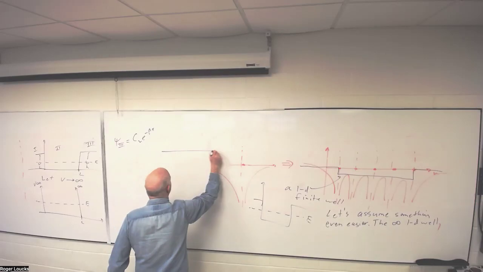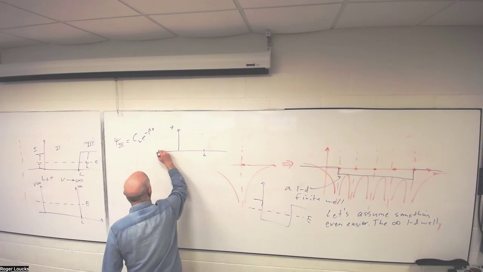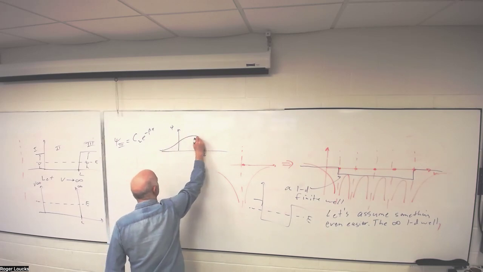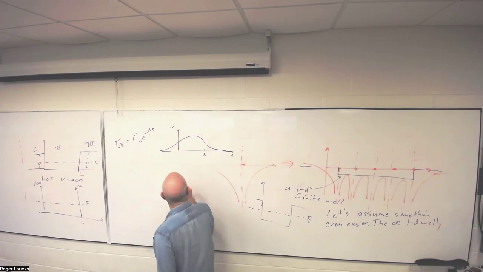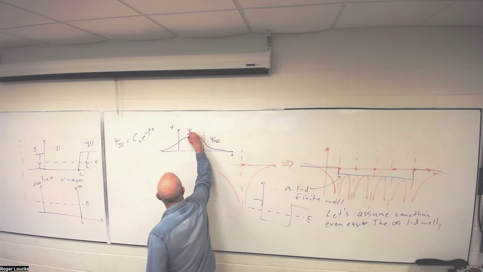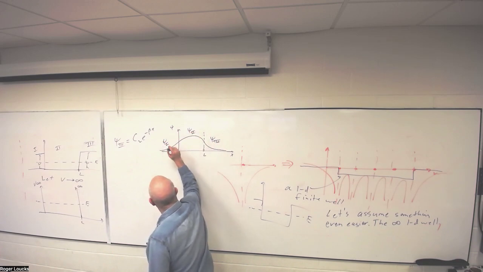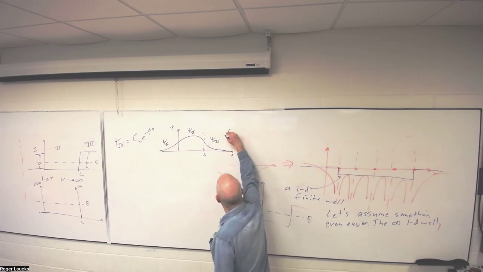And we graph this thing. We had something like that. Okay, this is for the finite well.